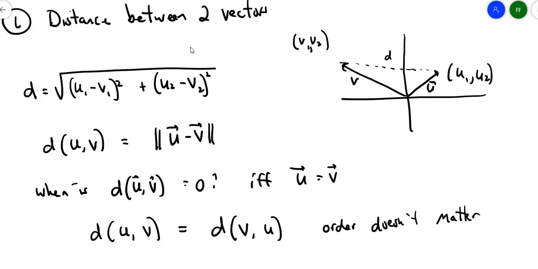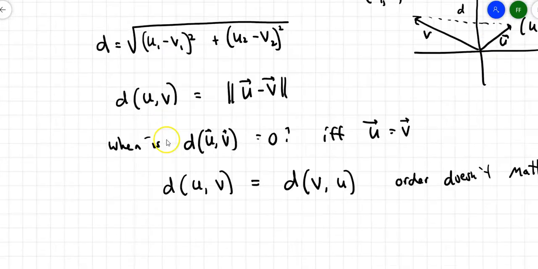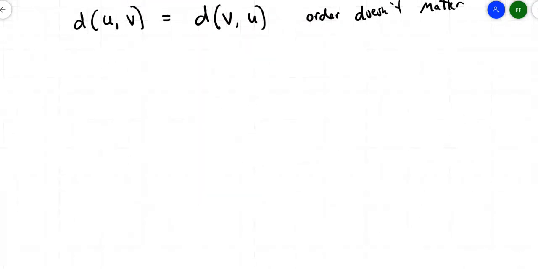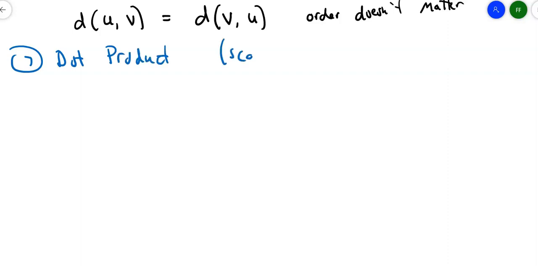Okay, that's how I find the distance. How about a dot product? Okay, a dot product is a scalar. So what are we up to? Number 7 now? So a dot product is not a vector. A dot product is a scalar.